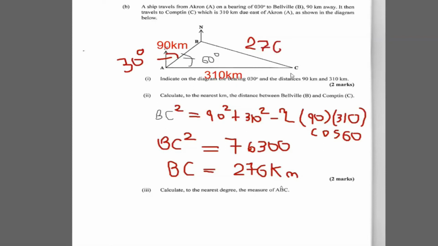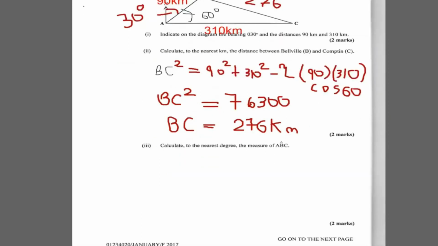Now that BC is 276, it says calculate to the nearest degree the angle ABC. To find angle ABC, you can use cosine rule, or you can use sine rule. I'm going to use sine rule.